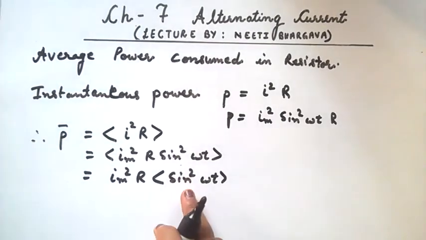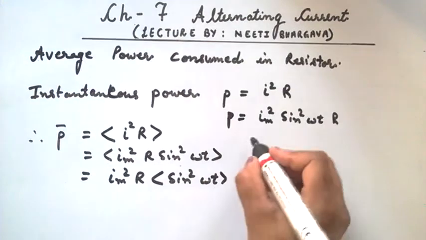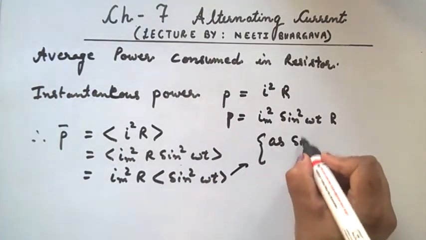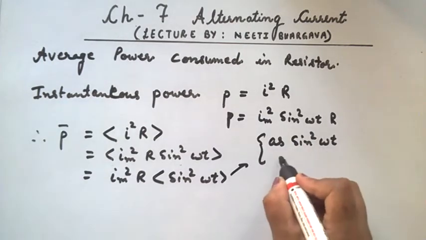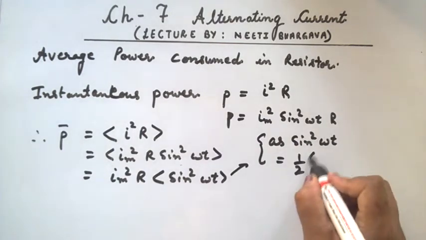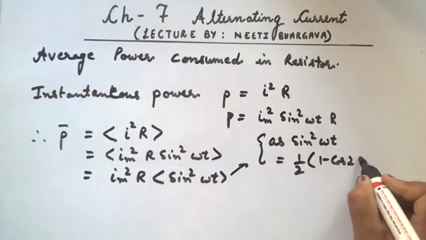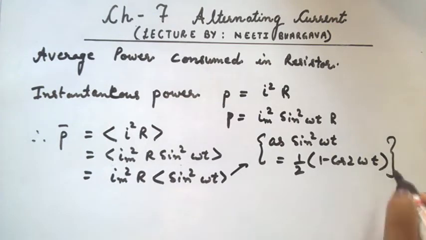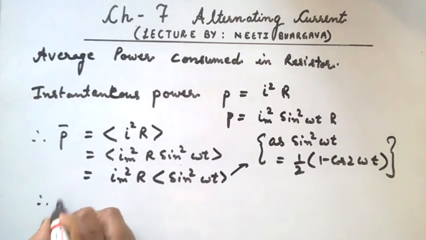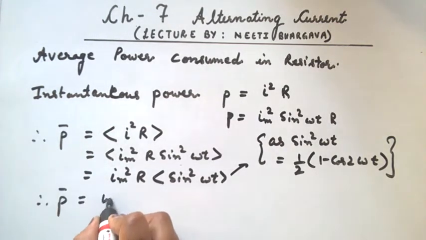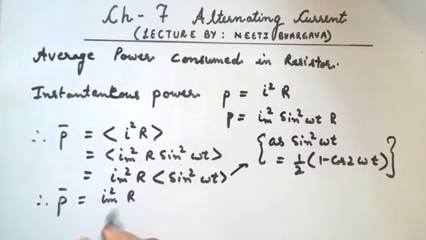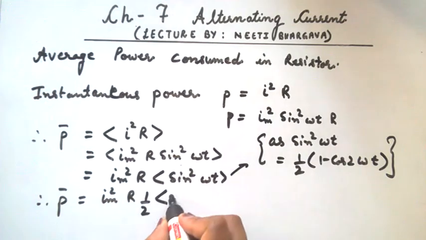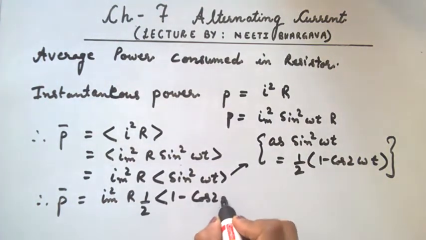Now we know by trigonometry identity sin square omega t is equal to half into 1 minus cos 2 omega t. Therefore, average power can be written as Im square R, both are constant, half is also a constant, and 1 minus cos 2 omega t average.